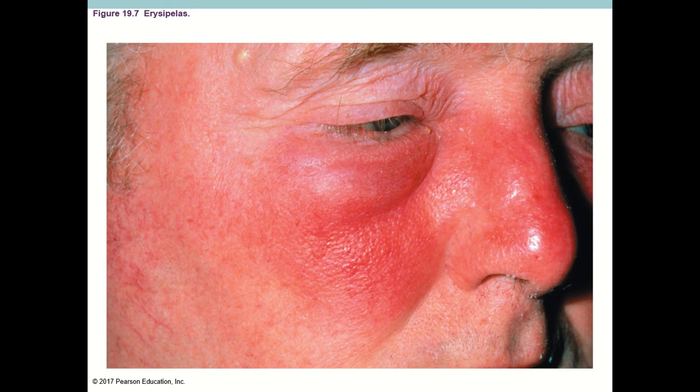So again, bacteria moving into the blood manages to attack the glomerulus and cause colonies and infection of the glomerulus. That's called glomerulonephritis. So what does that cause? It causes inflammation of the kidneys, which means low urine output, and even bacteria in the urine.